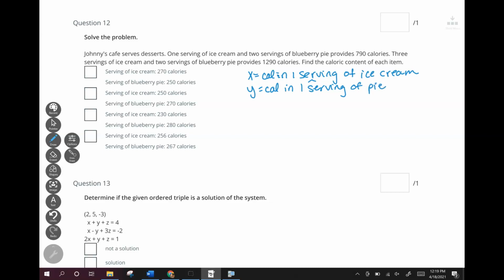Okay, so that means I've got 1 serving of ice cream, so x plus 2 servings of pie is 790. And then I have 3 servings of ice cream plus 2 servings of pie is 1,290. And then you're just solving for x. So you can use substitution or elimination.